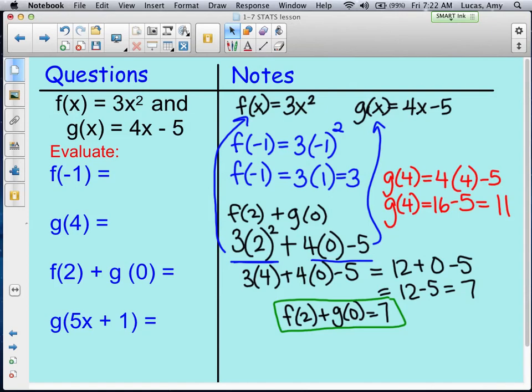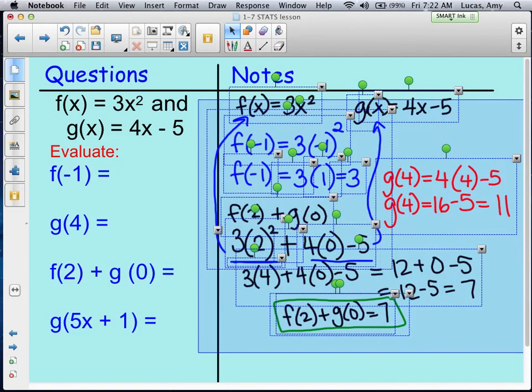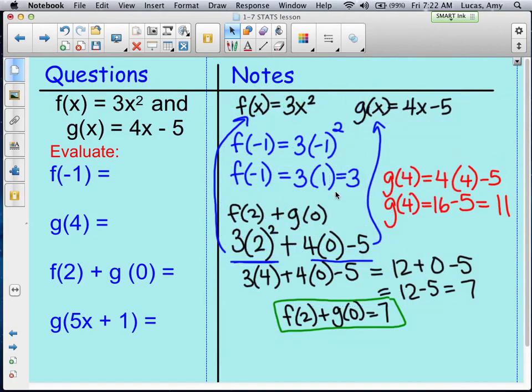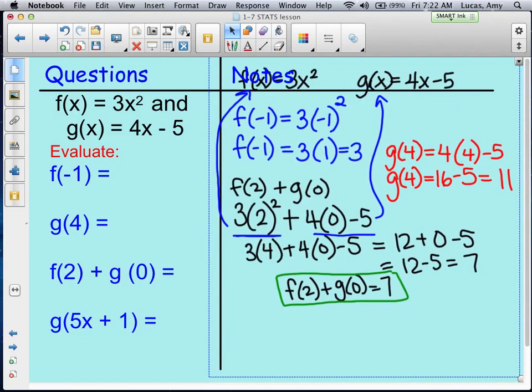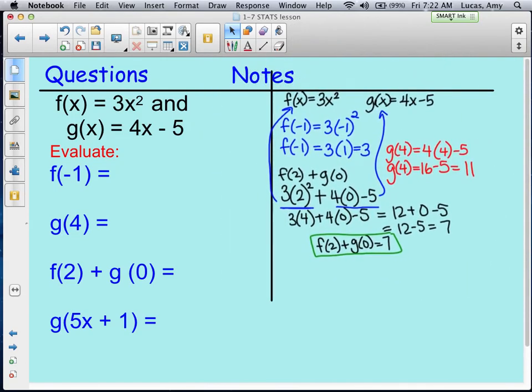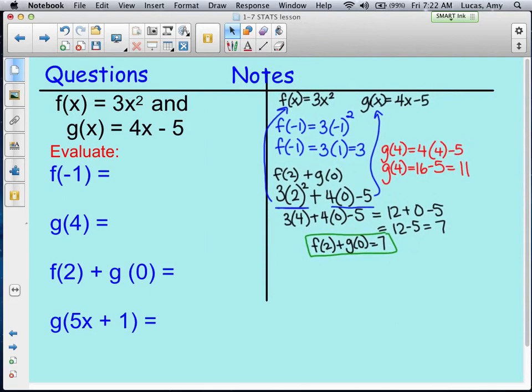Last but not least, g, and we've got to plug in 5x plus 1. I'm going to see if I can shrink this a little bit to get more space. Whoops, the line came with me.